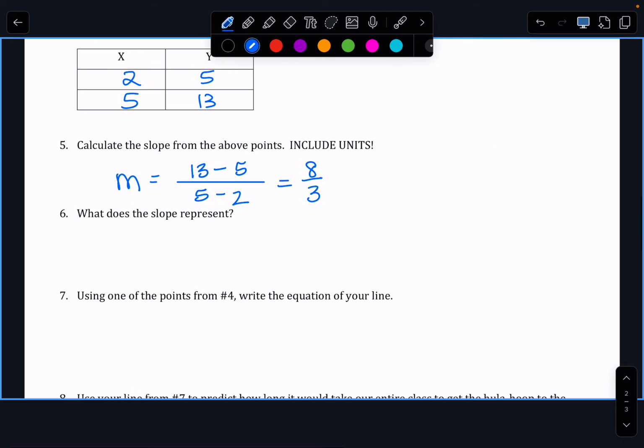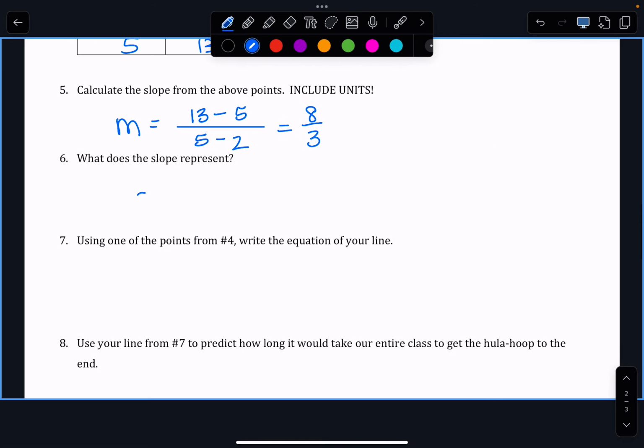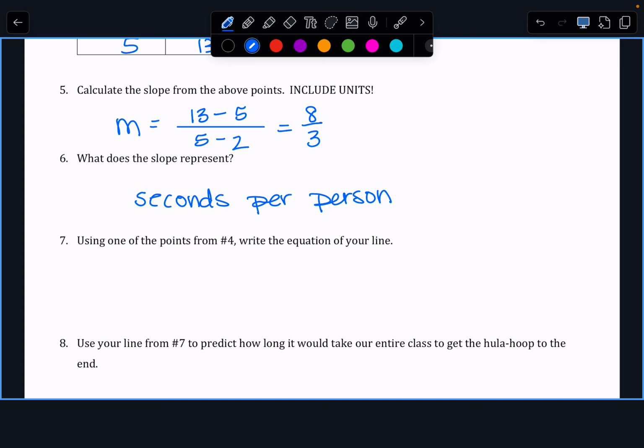It's going to take us about 8/3 seconds per person for that hula hoop. Well, 8/3 would be 2 2/3, right? So it's taking almost 3 seconds per person. A little bit more than 2.5.